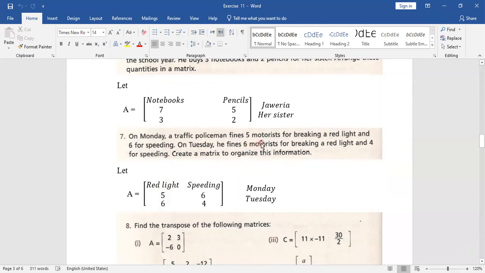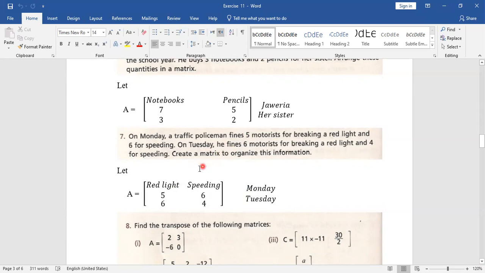First of all, there are many motorists, but red light and speeding are two different things. So red light will come on the top of the first column and speeding on the second column. Beside this, Monday and Tuesday, these are the days.